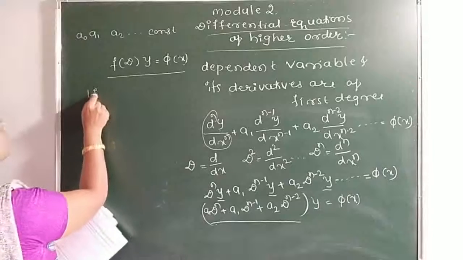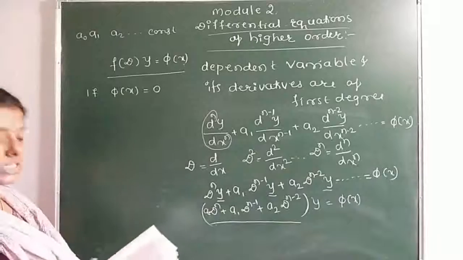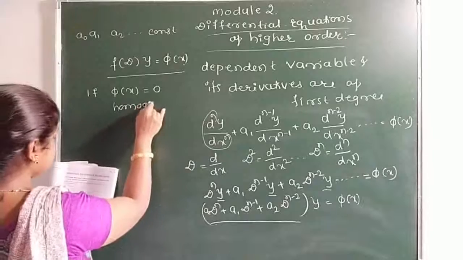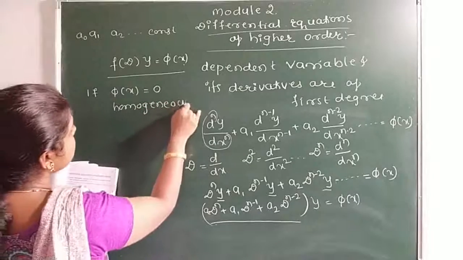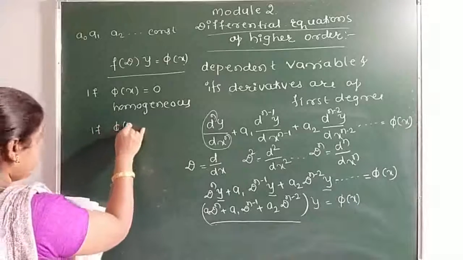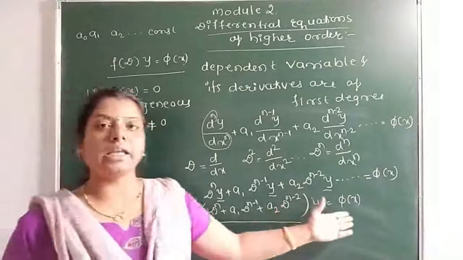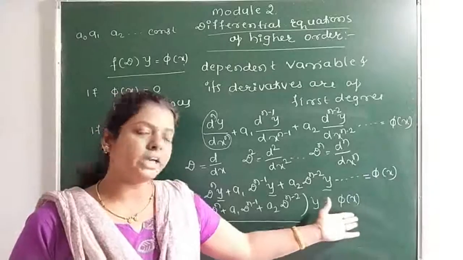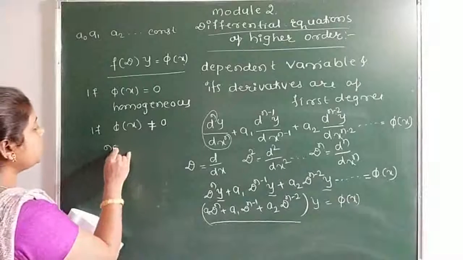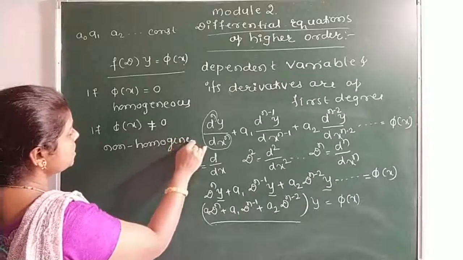If φ(x) is equal to 0, meaning the RHS is 0, the given equation is homogeneous. If φ(x) is not equal to 0, meaning φ(x) contains an exponential term, trigonometric term, algebraic term, or any such term, we call it a non-homogeneous equation.